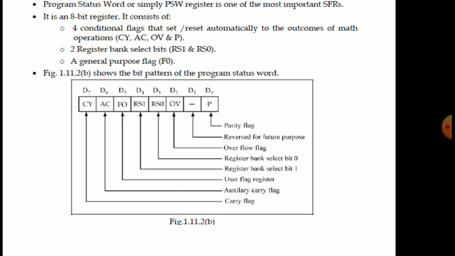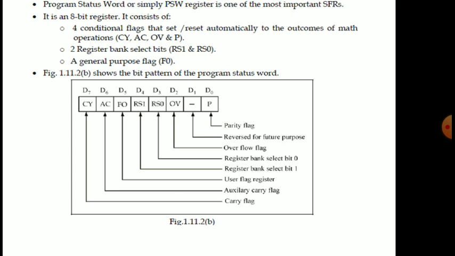We have D0, D1 up to D7, that is 8 bits, 8 data bits you can say. And the first one, D0, is P, that is the parity flag. The second one is a dash, that is nothing is there, reserved for future purpose. That means during the design process they may have left this bit vacant so that in the future some flags may be discovered, so we can use it in the program.